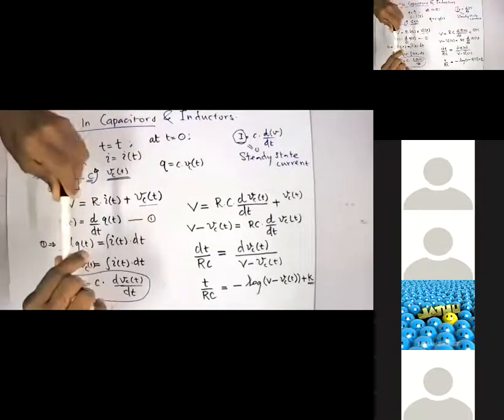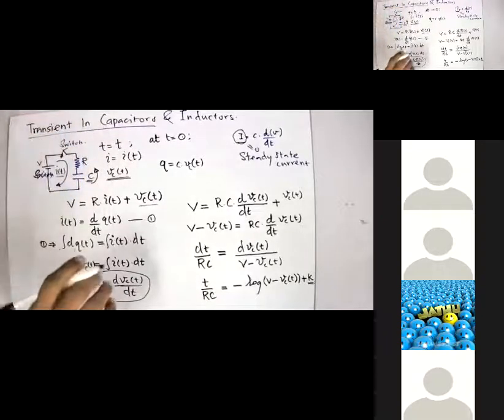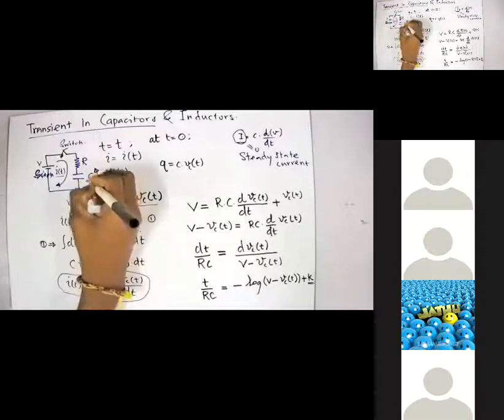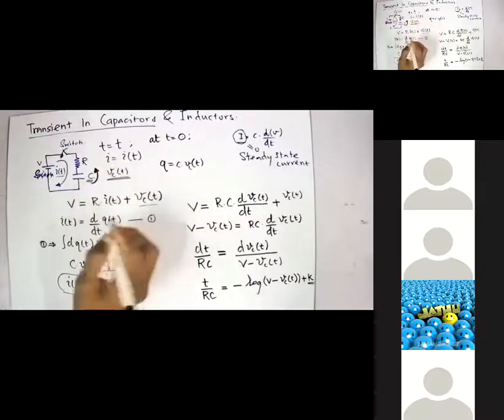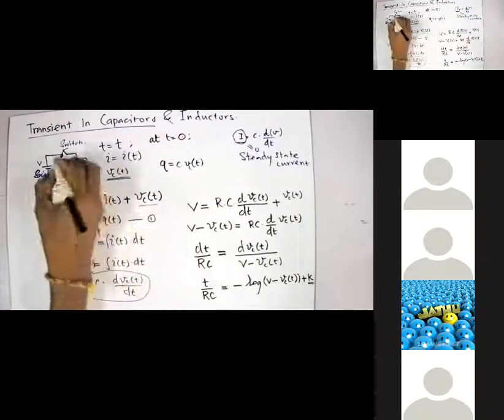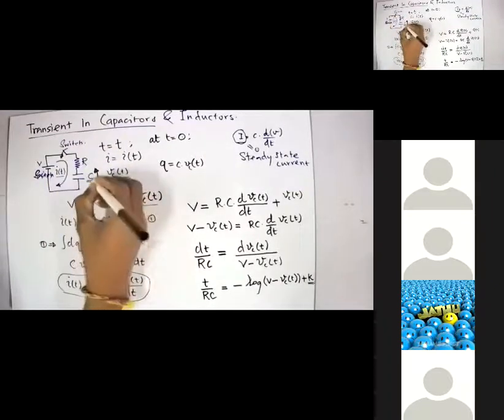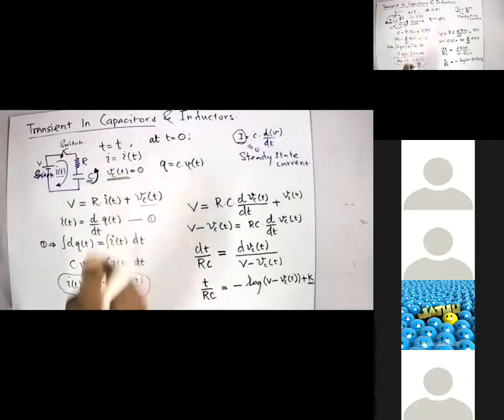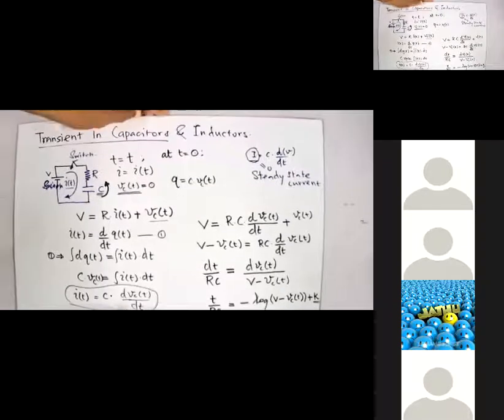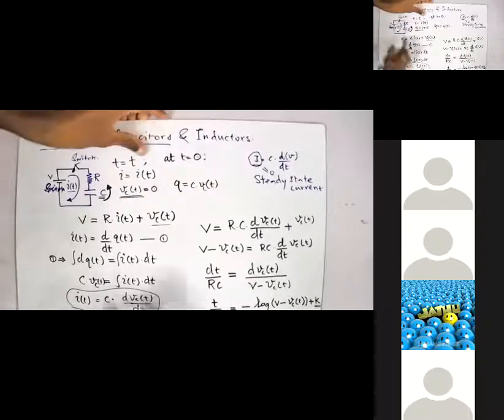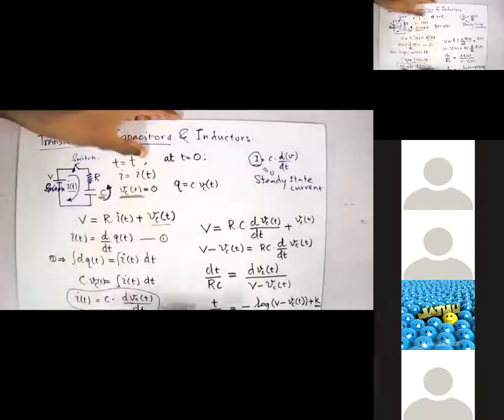What will be the voltage across the capacitor? Of course, we don't know what is I of 0, but at this beginning, when t equals 0, the voltage across the capacitor will also be equal to 0. Am I right? So just apply these two conditions in this equation.